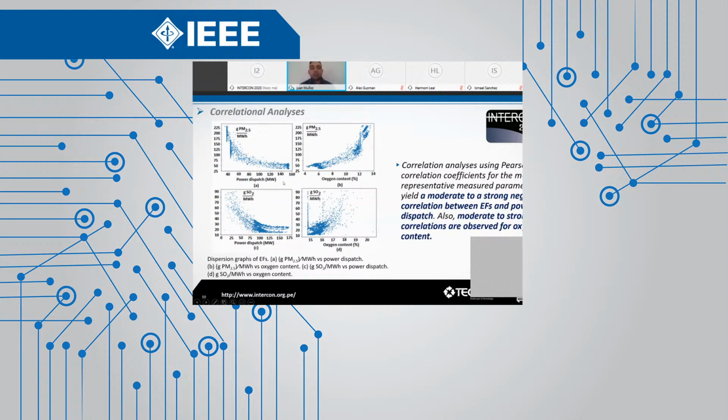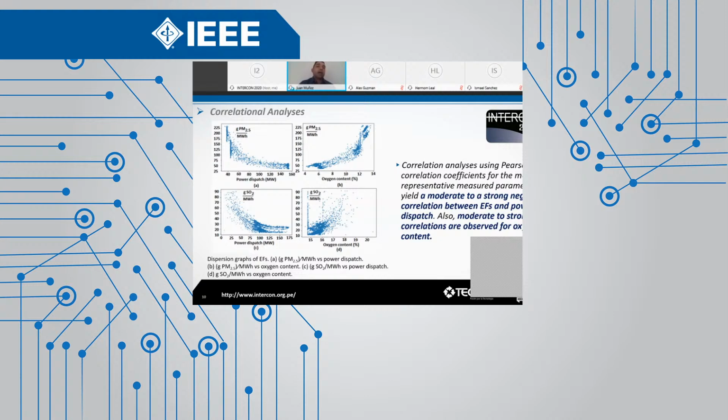In terms of planning, we were interested in building models that were able to explain how the emission factor varies in terms of the power dispatch, because that's something we usually do when we optimize the power dispatch. So we're interested in computing what the emission factor is for each power dispatch.